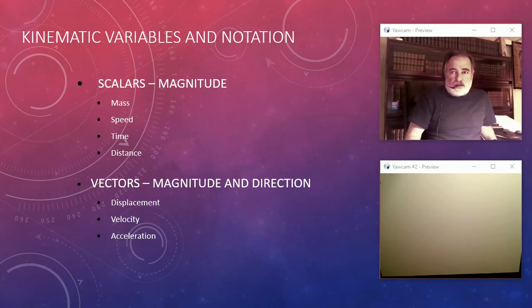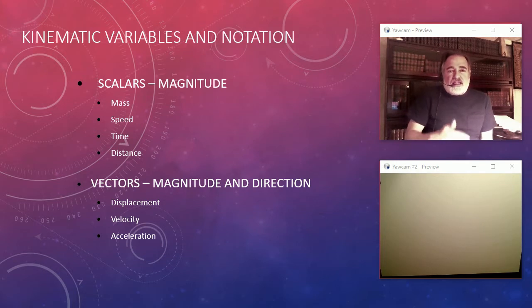Velocity, on the other hand, has not only magnitude, a certain amount of meters per second, but it has a direction. I'm going east, west, north, south. So in order to describe a vector completely, I have to not only give you its magnitude. If I'm talking about displacement, I'm talking about meters, just like a scalar distance measurement.